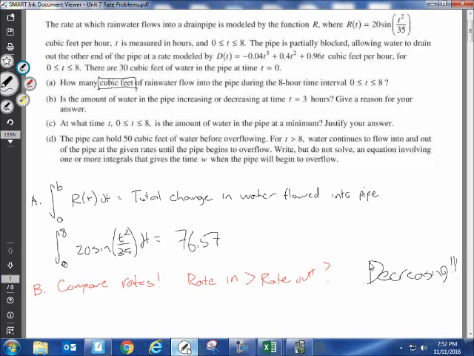Can we discover how much it's decreasing? 3.3 is what I got. Okay, how do we get this? Who did it? Tell me. Mr. Quigley?